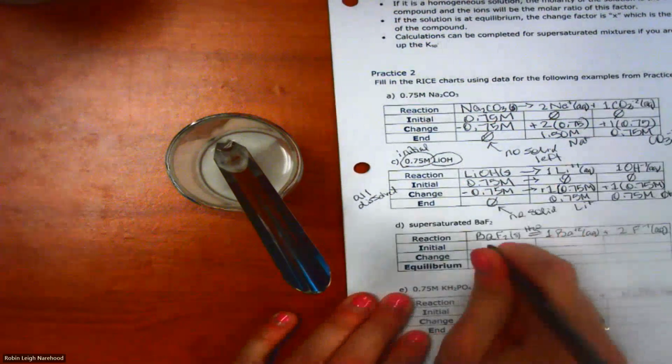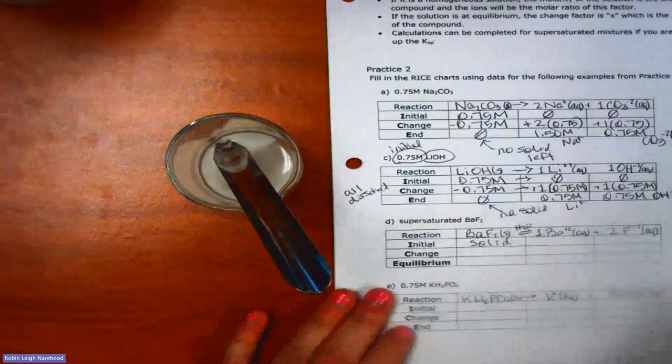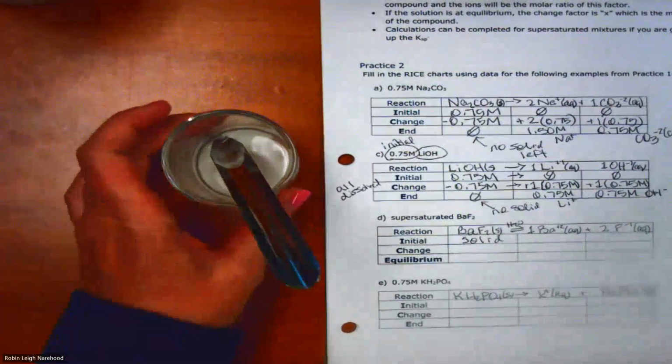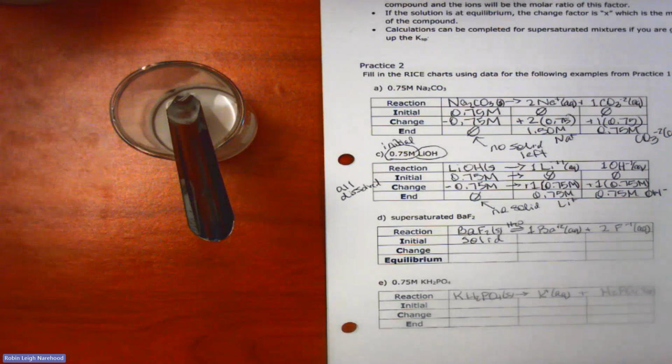I'm going to put the word solid. And I'll explain my reasoning. You can kind of try to marinate on it. Okay. I don't have to measure it out because it's going to be visual to me.